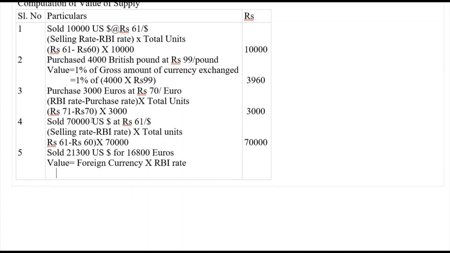So now let us substitute here. The first one is 21,300 multiplied by rupees 60, which equals rupees 12,78,000.